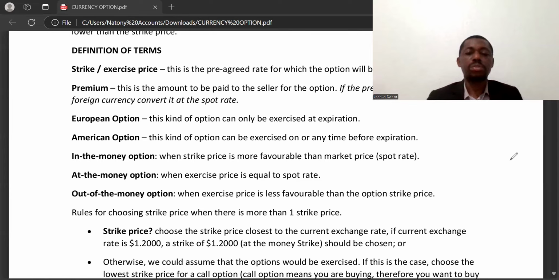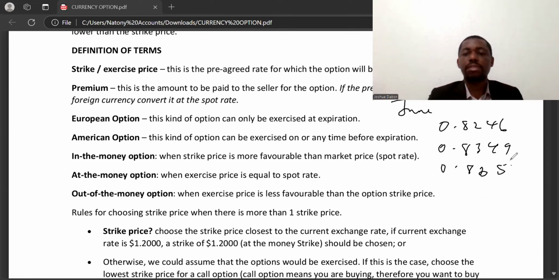What are the rules for choosing strike price? So you may get to the market and you have, let's say, June options. You have strike prices of 0.8246, 0.8349, 0.8350.